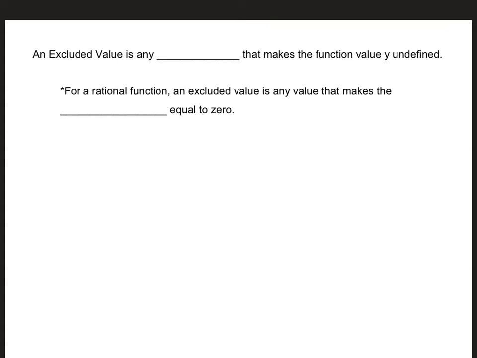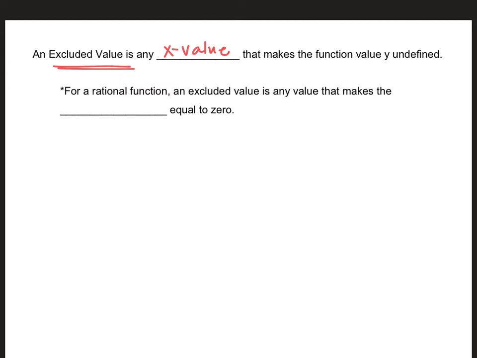All right, so because we are talking about rational functions, which is division of polynomials, which will have a variable in the denominator, that means we have to think about what we're dividing by. This idea of excluded values is very important. An excluded value is any x value that makes the function value y undefined.